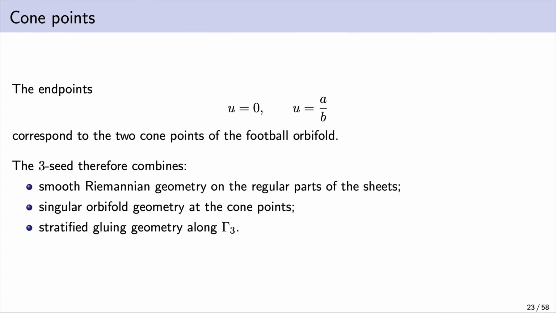The endpoints u equals 0 and u equals A over B correspond to the two cone points of the cone manifolds. So the three seed combines smooth Riemannian geometry on the regular parts of the sheets, singular orbifold geometry at the cone points, and then this stratified gluing geometry along gamma 3.